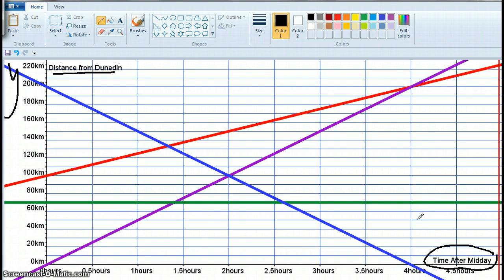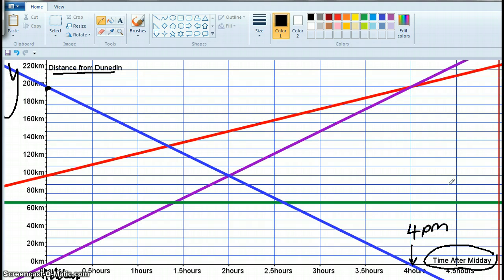So what story does the blue line tell us? It says at midday, so it's time after midday, so that there must be midday. At midday, the train is 200 kilometres away from Dunedin. And what time does the train arrive in Dunedin? 4 p.m. Okay?